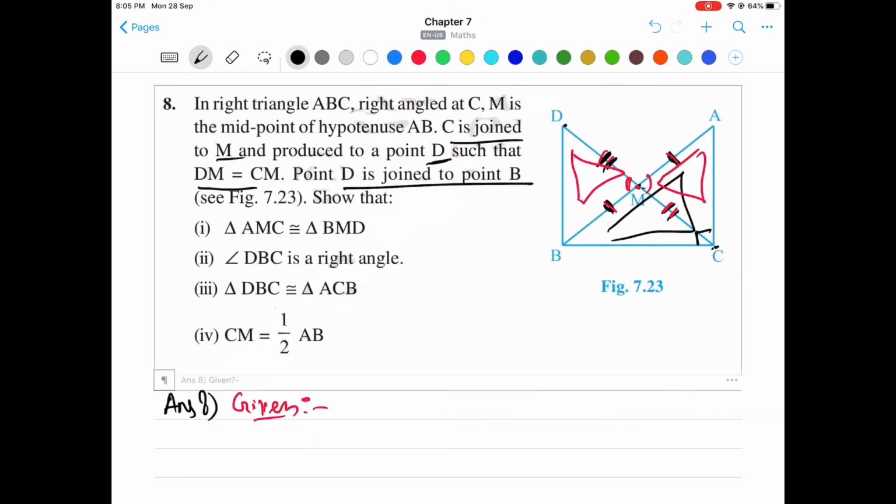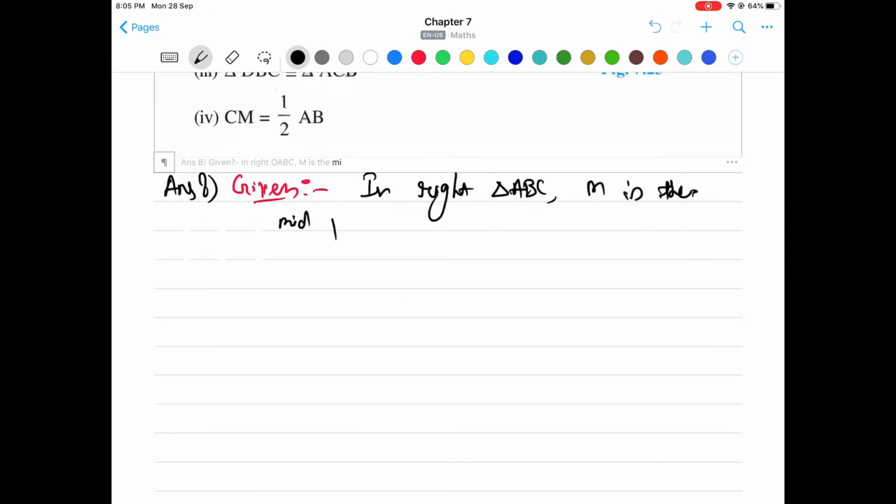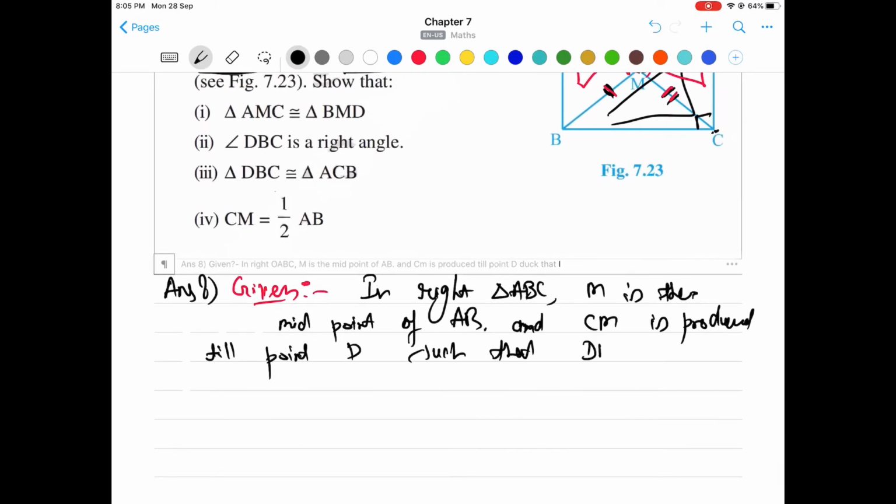Given: in right triangle ABC, M is the midpoint of AB, and CM is produced till point D such that DM is equal to CM.